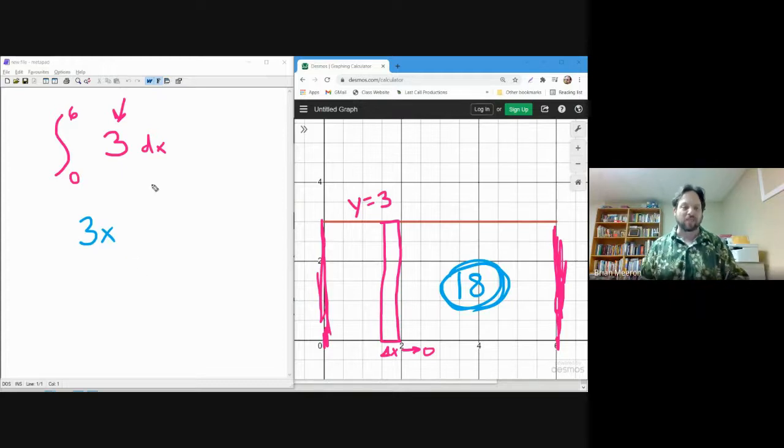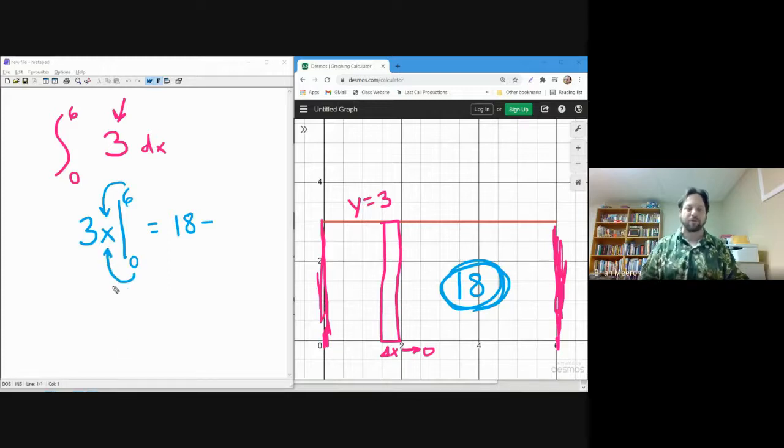All right, so this integral is going to evaluate to 3x, but we do have bounds. So I'm going to put a little vertical bar here, vertical pipe, and we're going to put our bounds 0 to 6. All right, how do we evaluate from here? Well, from here it could not be easier. I take the top number and drop it in for x. 3 times 6, that's 18. Then I subtract whatever I get when I stick the bottom number in for x.